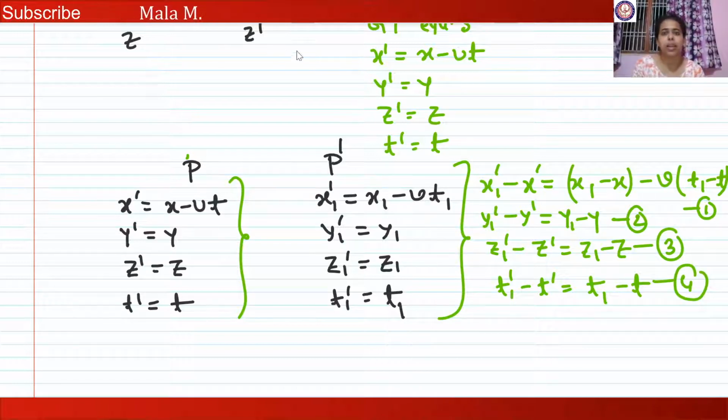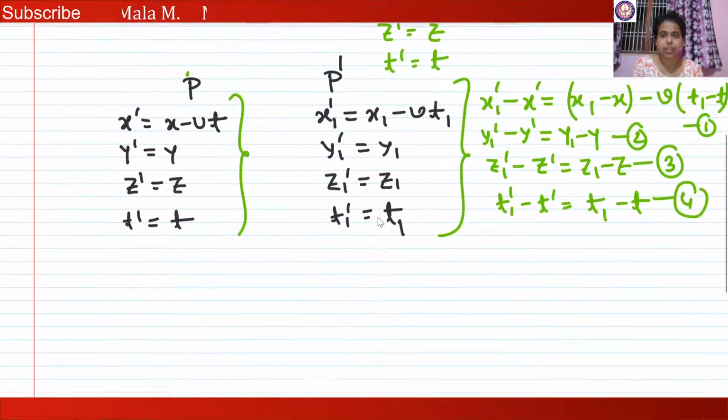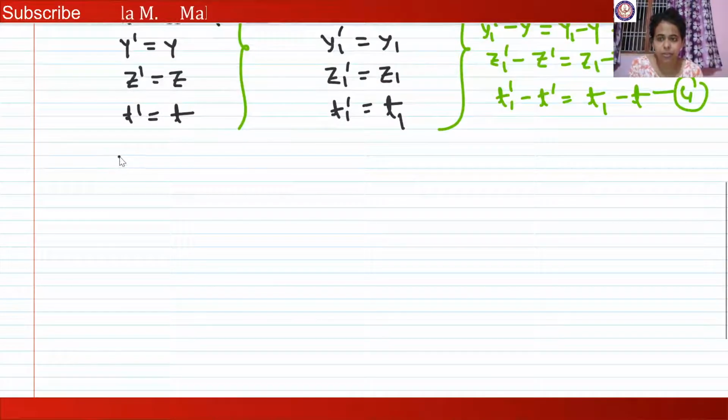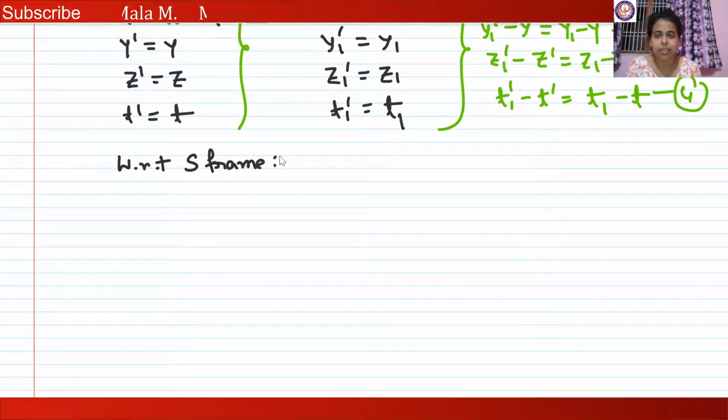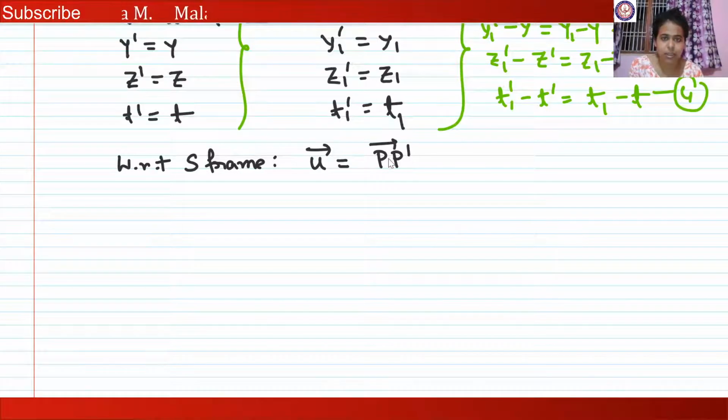So now I have to find out the velocity of the particle with respect to S frame. So with respect to S frame, that means the observer sitting at the origin O of the S frame. If I write down velocity, what will it be? It will be simply the displacement vector divided by time interval, that means delta t.